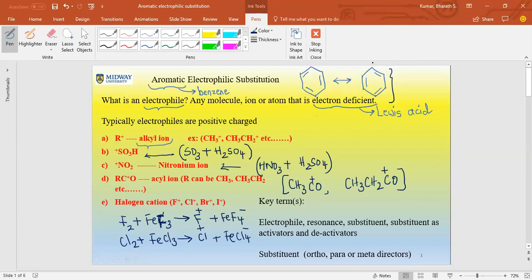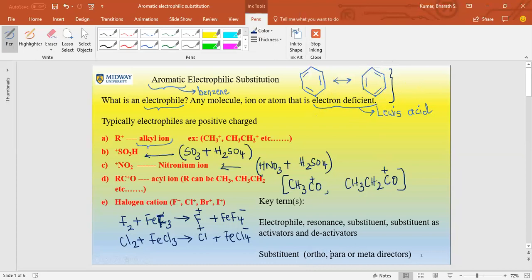Then if you try to add another substituent to the molecule containing an existing substituent, the existing substituent has some effect on the incoming substituent. We're also going to talk about the substituent behaving as an ortho, para, or meta director.